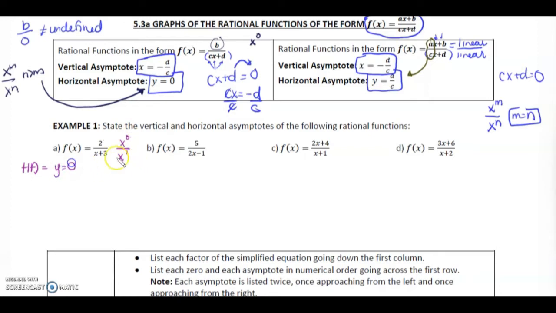Therefore, we simply get y = 0 to be our horizontal asymptote. Our vertical asymptote, we take the denominator and equate it to 0. We bring over the 3, we get x = -3 as our vertical asymptote.